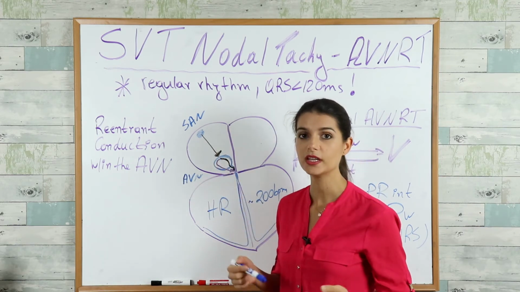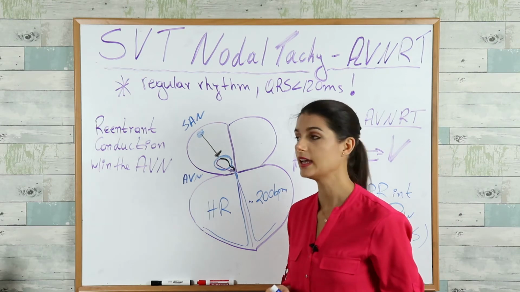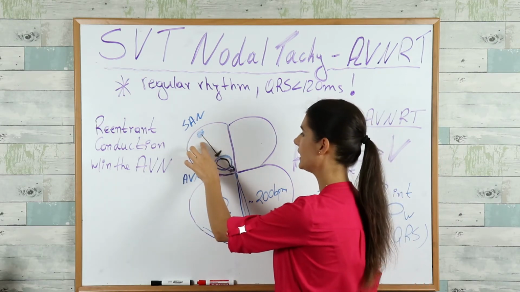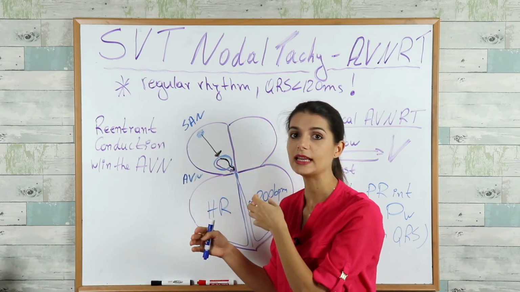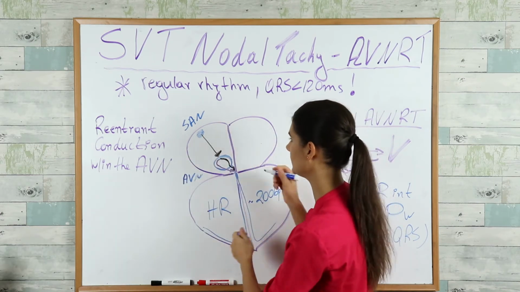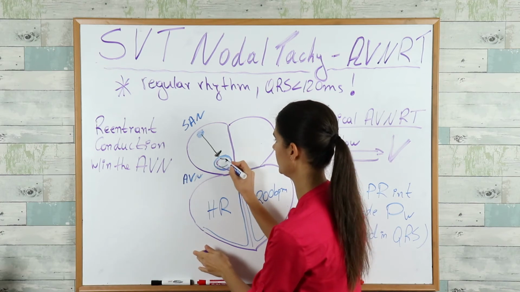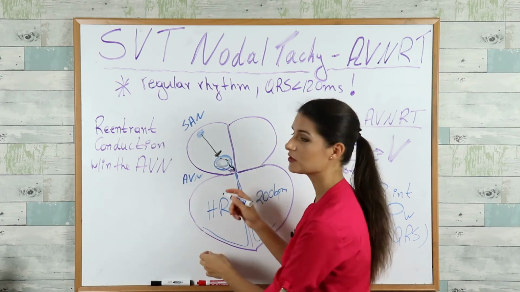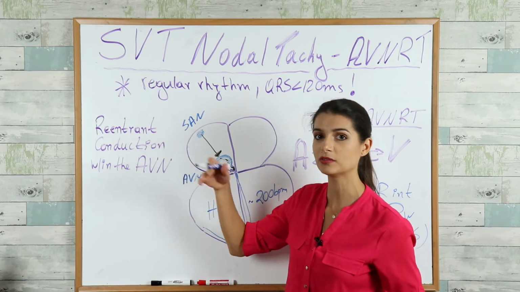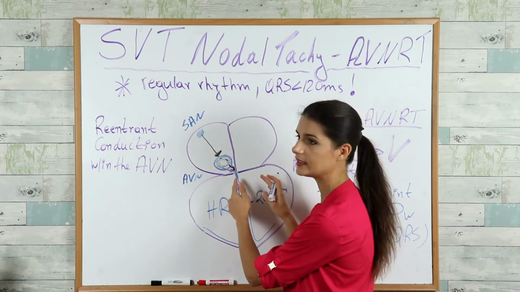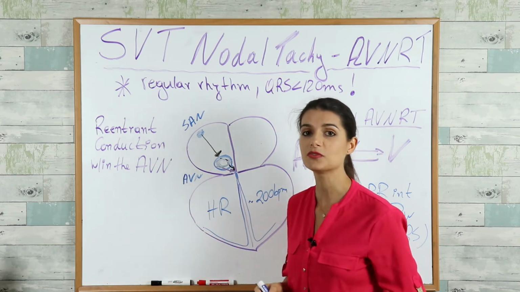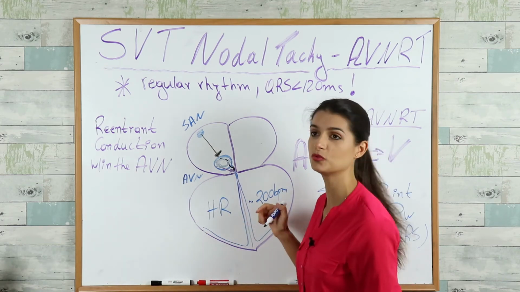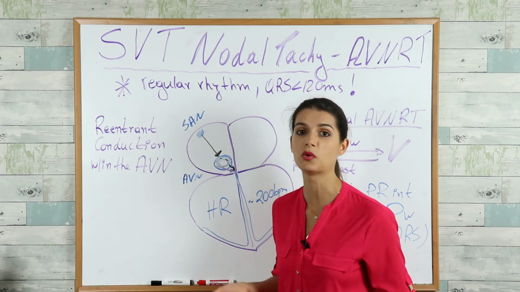Now imagine a premature beat comes from the sinoatrial node and goes through the AV node through the slow or fast pathway, and then starts looping between the fast and the slow pathway within the AV node. So as it loops and goes round and round, it keeps sending signals to the ventricles, right? Additional signals. That's why here the heart rate will be around 200 beats per minute, even more.